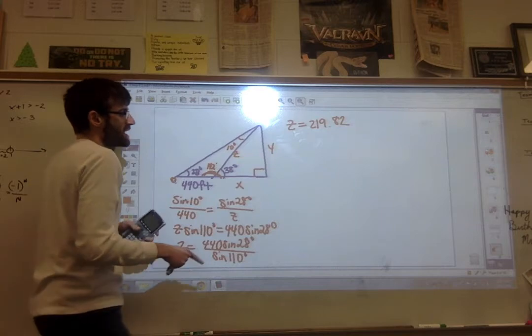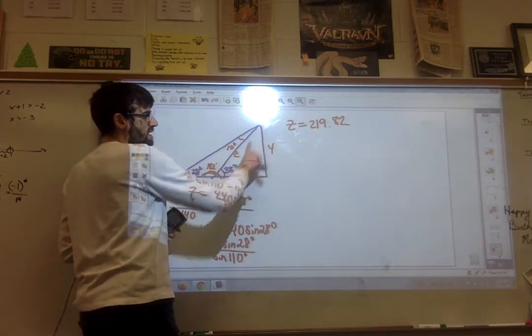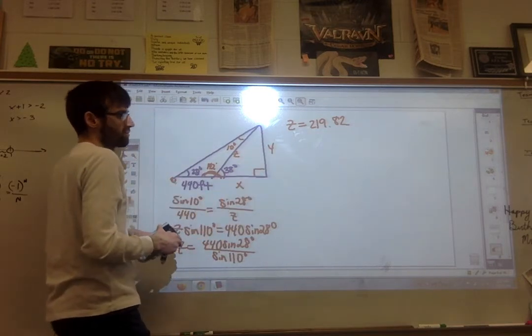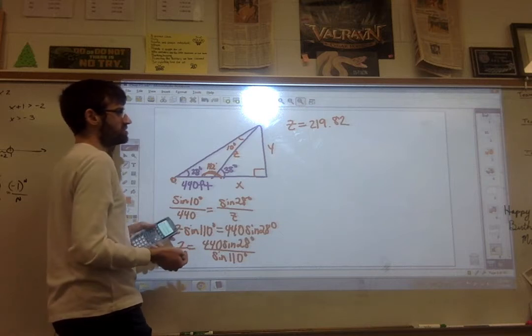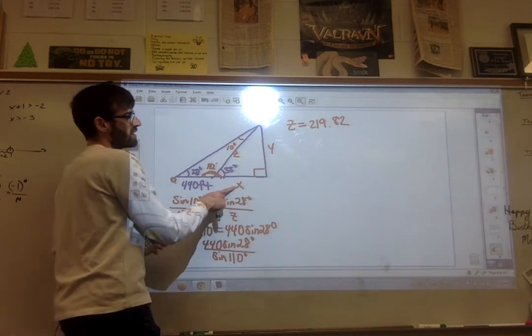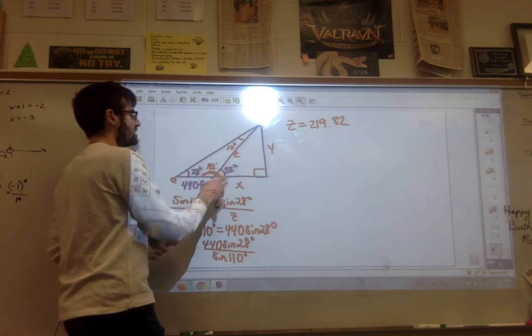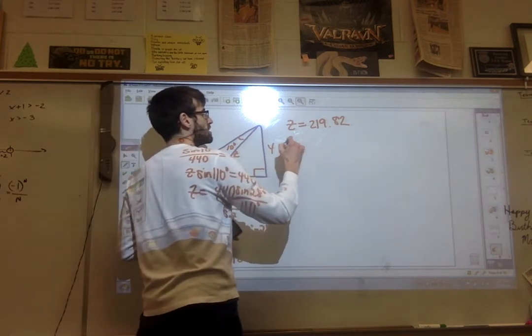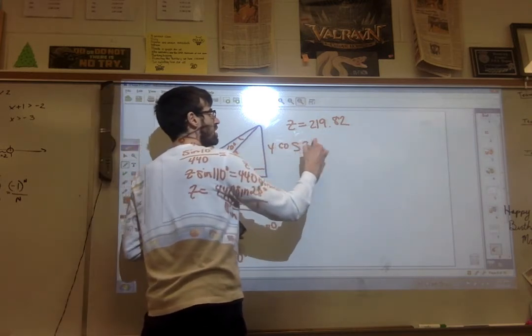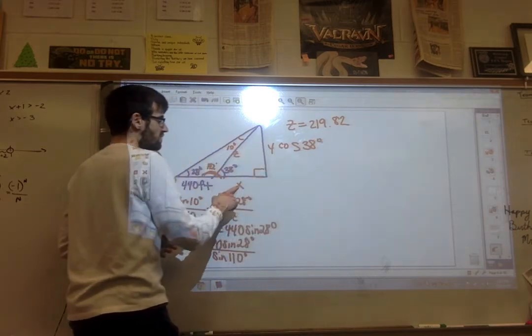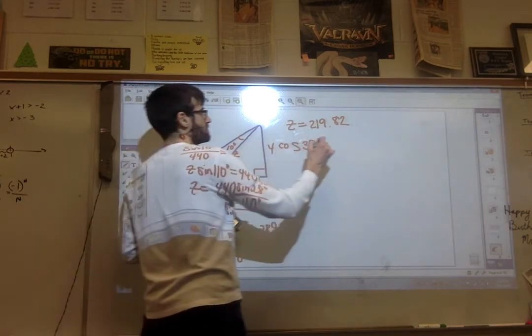Now I have a right triangle. I can use right triangle trig, so I can use SOHCAHTOA. So to solve for x, I'm going to set up the cosine of 38. So I know that the cosine of 38 degrees is going to equal x over z.